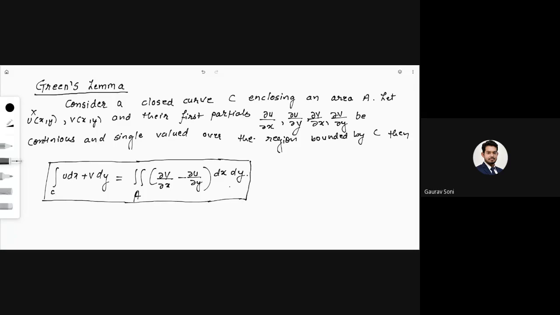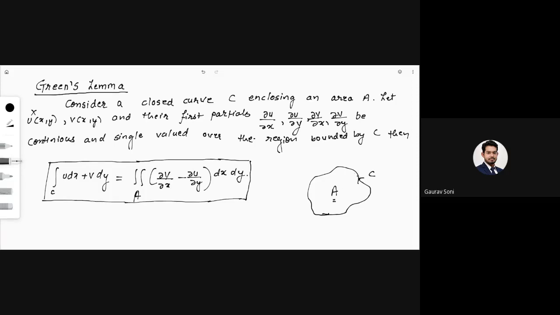What does this equation state? So you have a closed curve, on which you are taking the line integral, and there is the area. Since it is a closed curve, there has to be an area which is bounded by this curve.